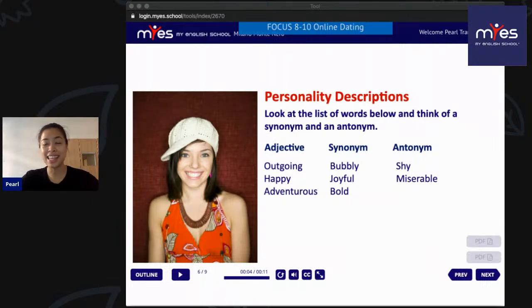An antonym. A risk taker, I think, would be a good one. That's two words. It's a noun, actually, a risk taker. Risky. No, risky is not the same as adventurous. Antonym.